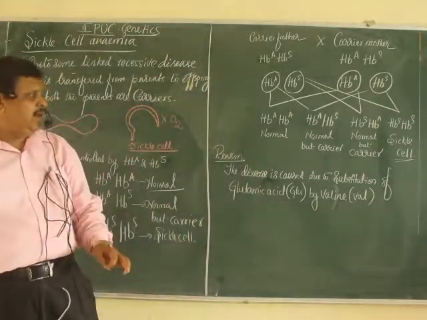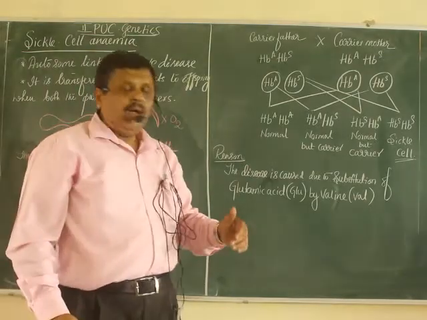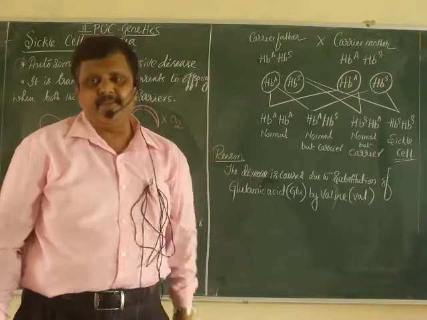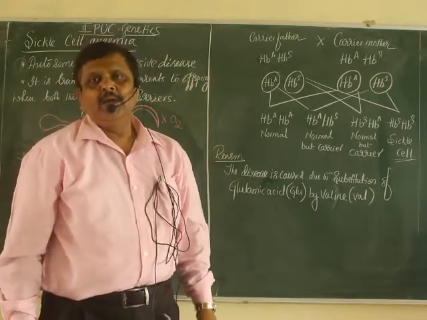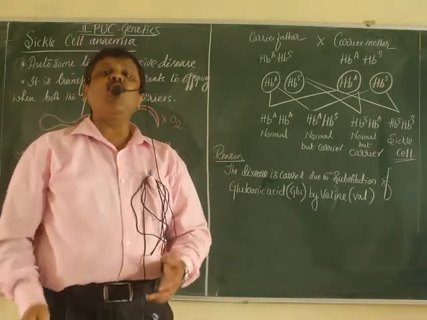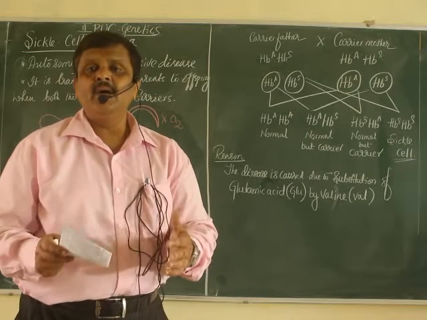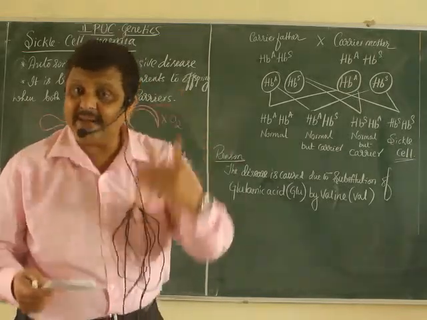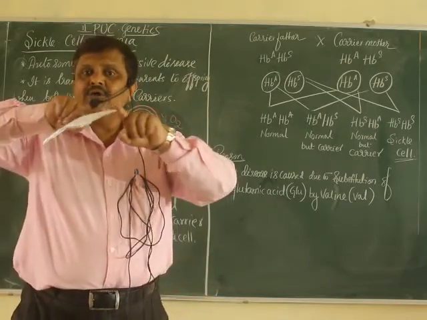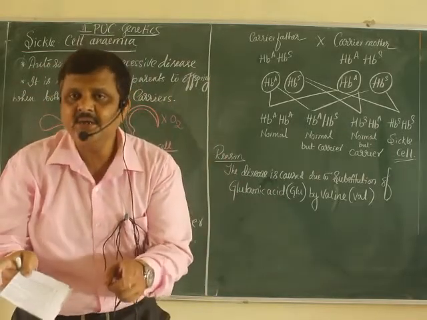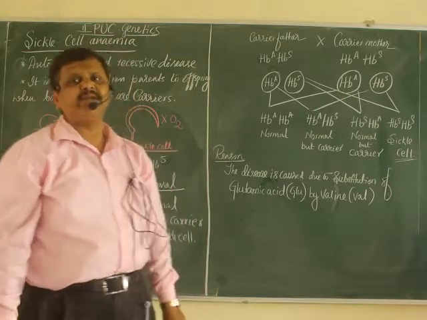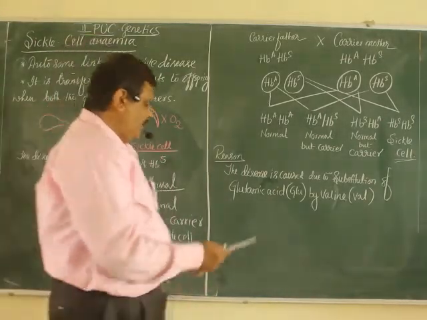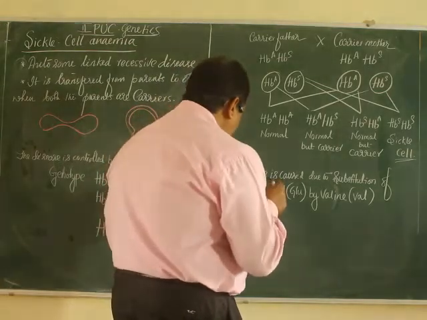But when the glutamic acid is replaced by valine, then the person's RBC will not have that firm shape. When the partial pressure of oxygen decreases, the shape of the RBC turns sickle shaped. Is it clear? So this is actually the reason.